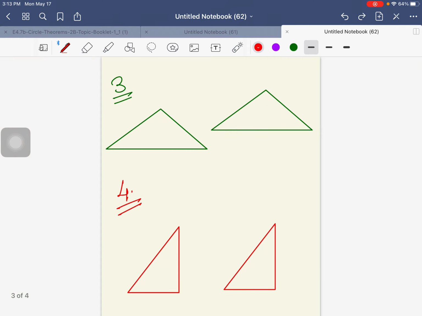Rule number 3 is called ASA or AAS or sometimes SAA, doesn't matter. It means two angles and one side.